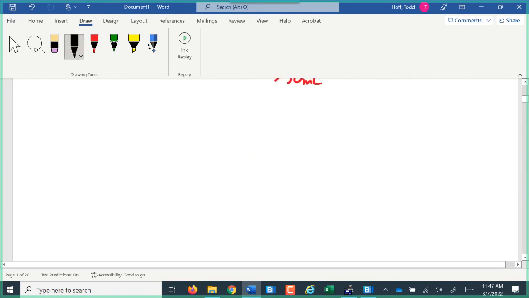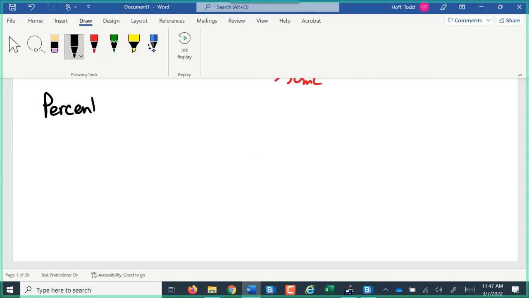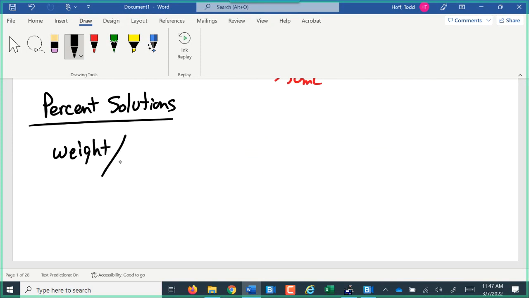Anyway, let's look at our percent solutions. So the first way that we calculate a concentration is called weight in weight. Typically it's abbreviated W/W. This is an old terminology.